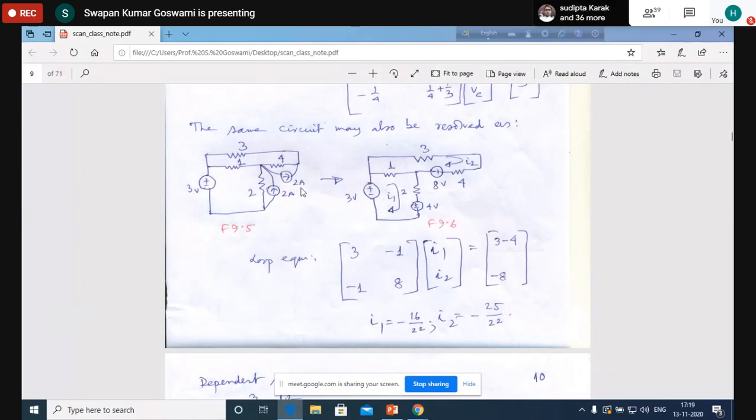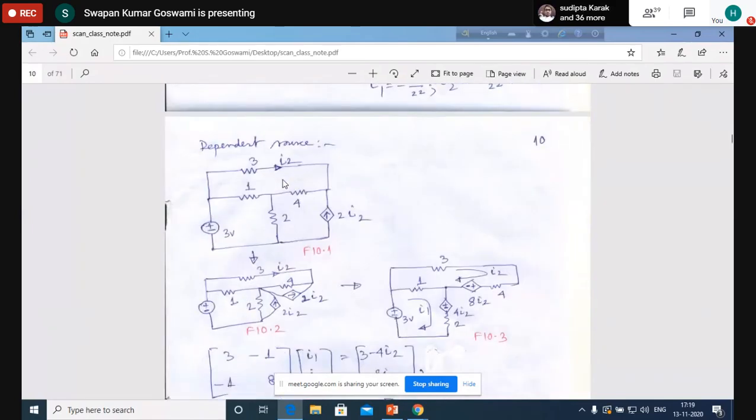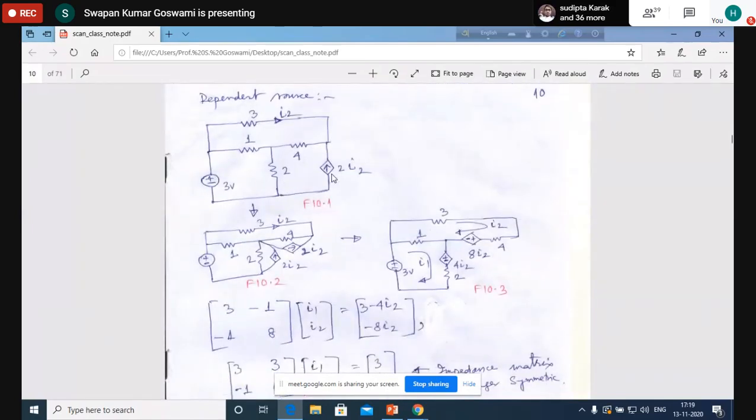Now in the same circuit, you see that only the type of the source has been changed. It was a current source of 2 ampere value. Now it is a current source of 2i2, where i2 is the current through this 3 ohm resistance branch. That means a dependent source has been included in place of an independent source.